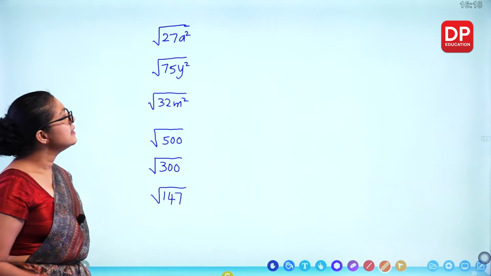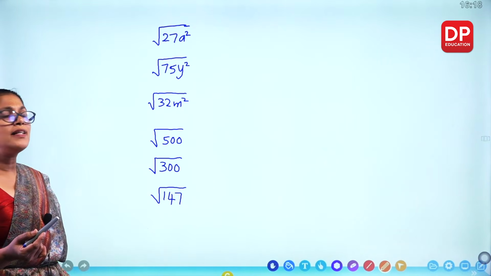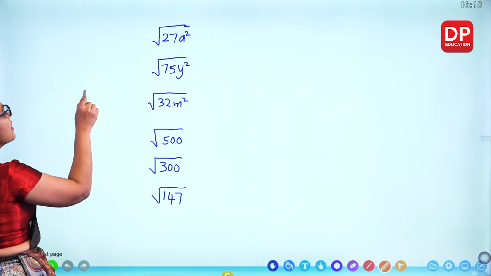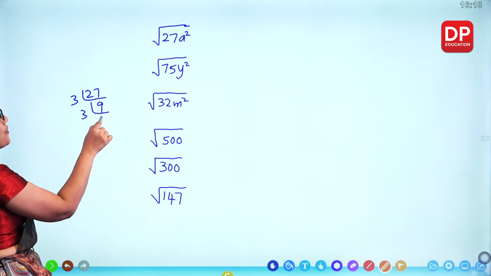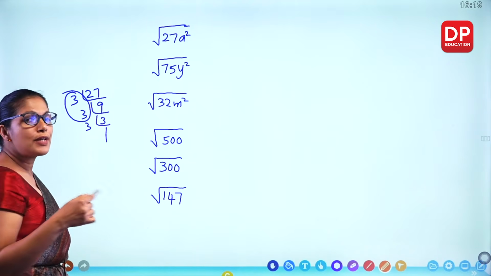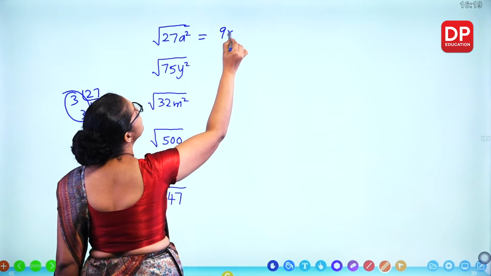Now we'll take algebraic expressions like this. So again 27 you have to write as a square term. What is 27? You can divide by 3, divide by 3, divide by 3. So here you get one pair. 3 times 3, 9. 9 times 3.